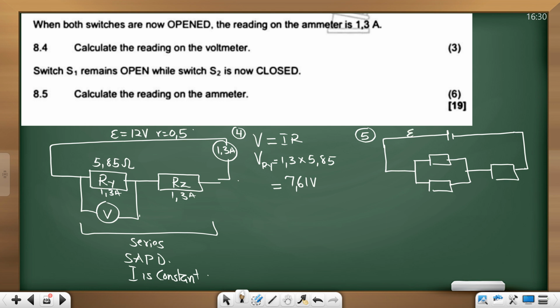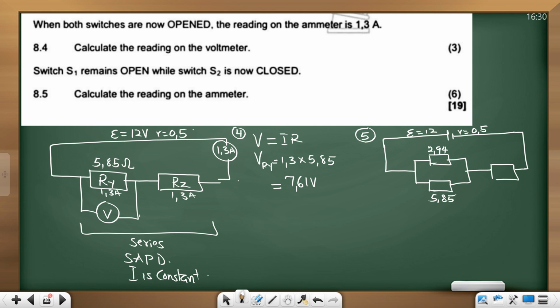Okay. EMF is 12. R is 0.5. We have Ry, 5.85. We have 2.94. But we don't know Rx.